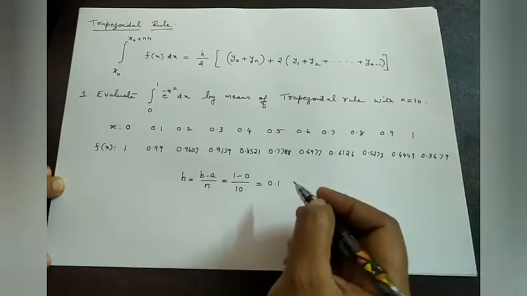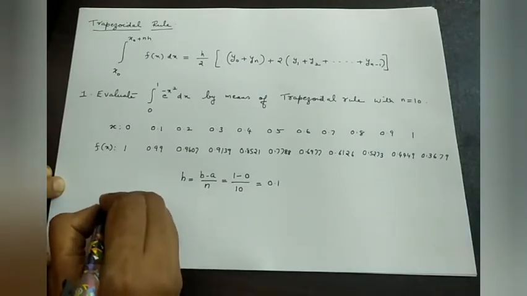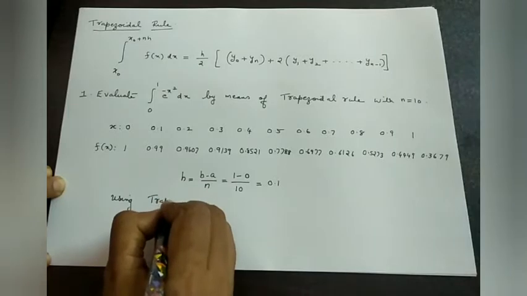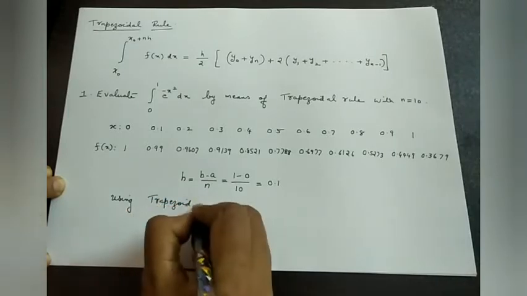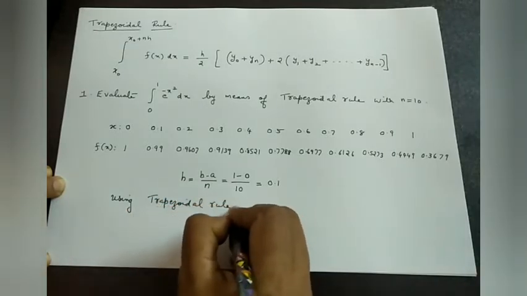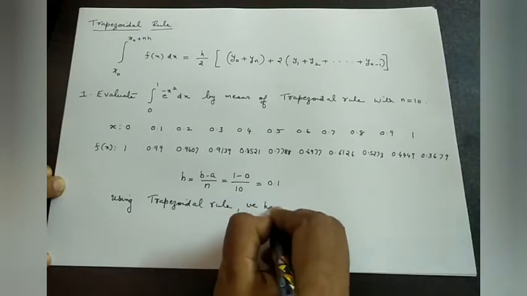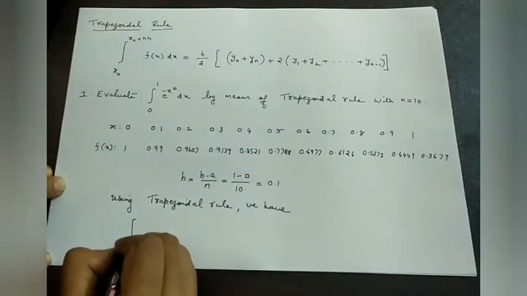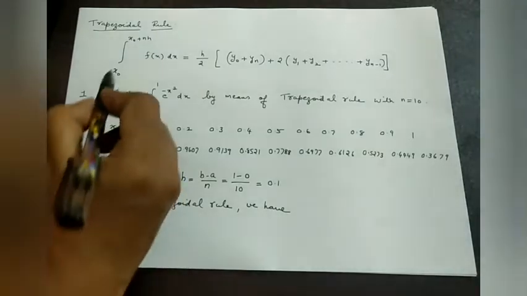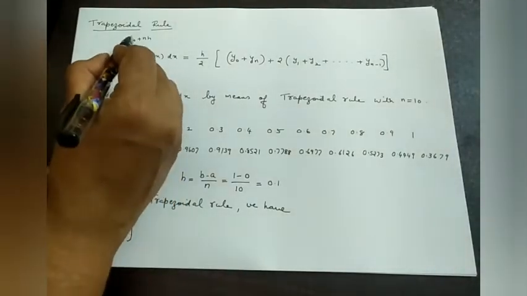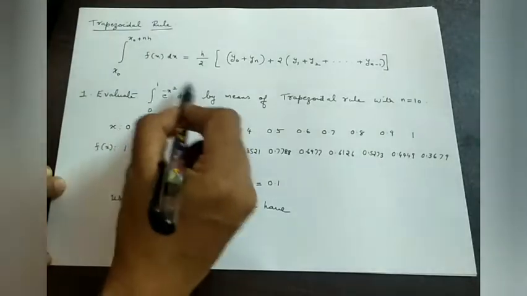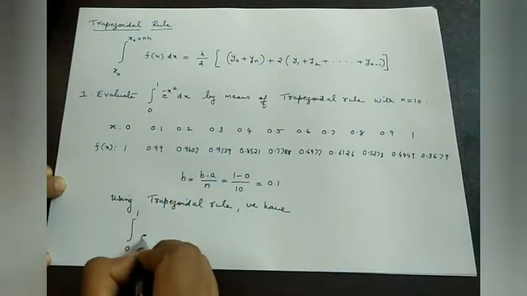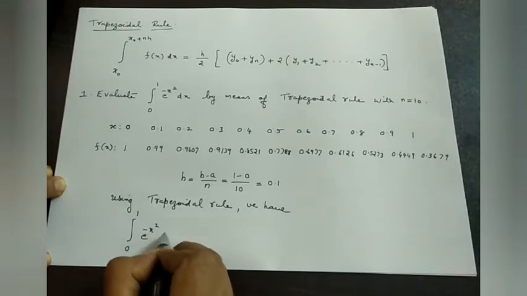Now we can use the trapezoidal rule formula. It is the same formula, and we can rewrite it for the given integral, that is 0 to 1 e raised to minus x square dx.